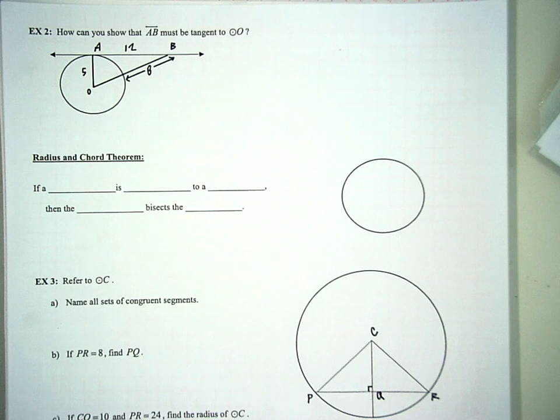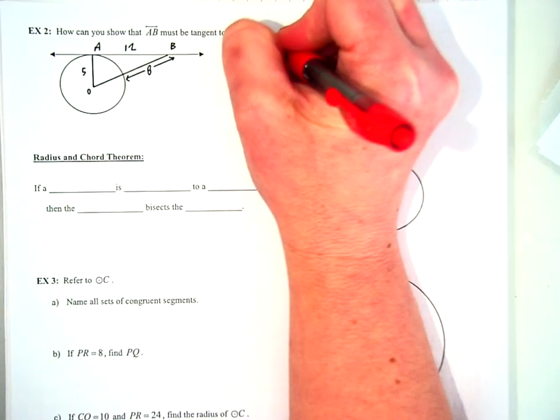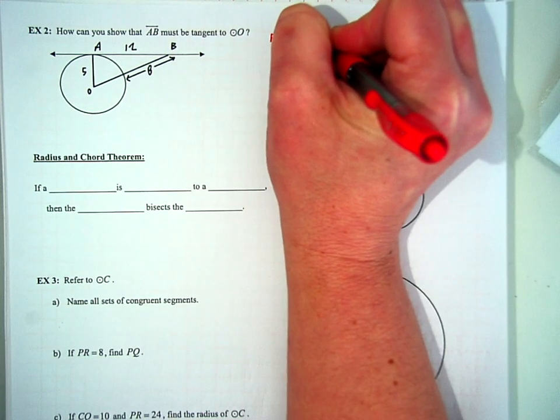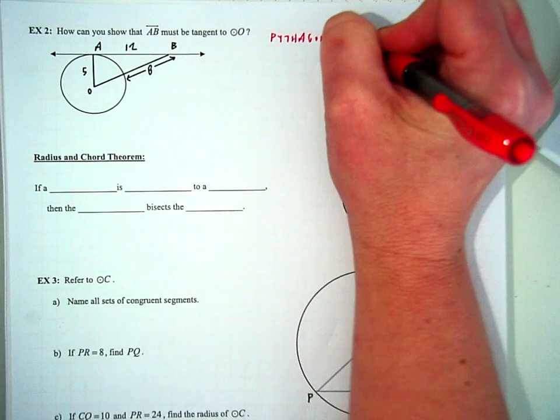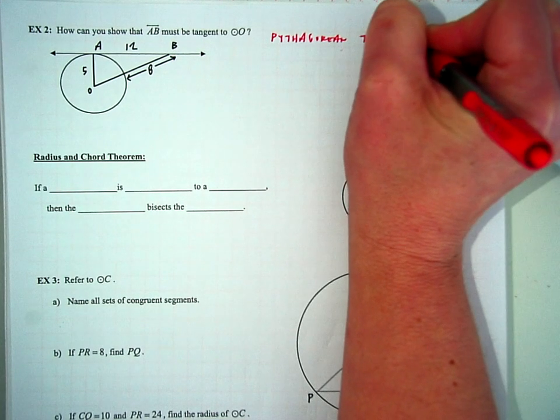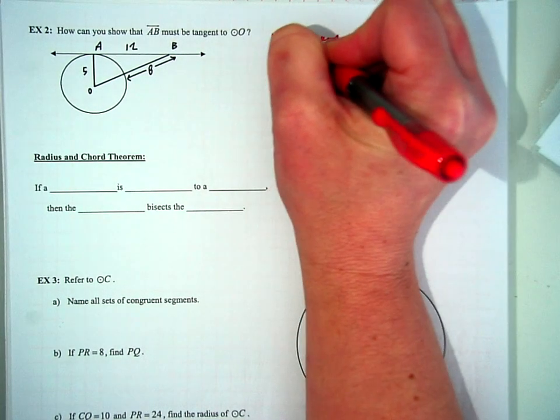And if we're trying to show that it's tangent, we just need to show that there is that perpendicular relationship at point A, that point of tangency. So really, all we need to do is show that the Pythagorean theorem must be true.